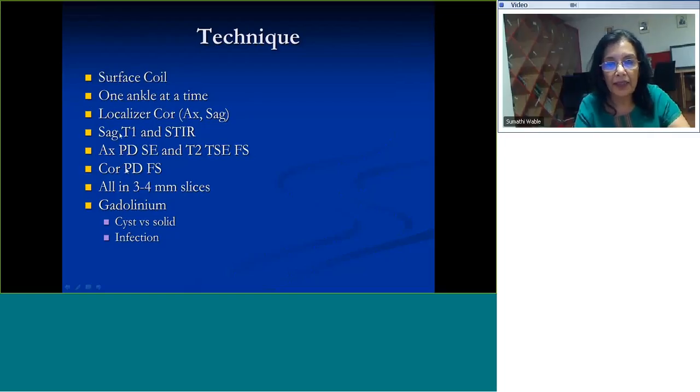And proton density images are signal rich, and you want to have a few of those and a couple of T2 weighted images. Again, thin sections, 3 to 4 millimeter sections, typically with no gap.